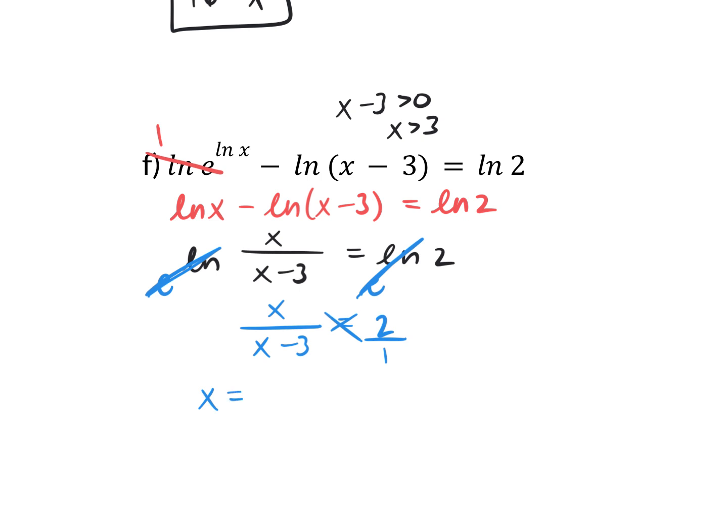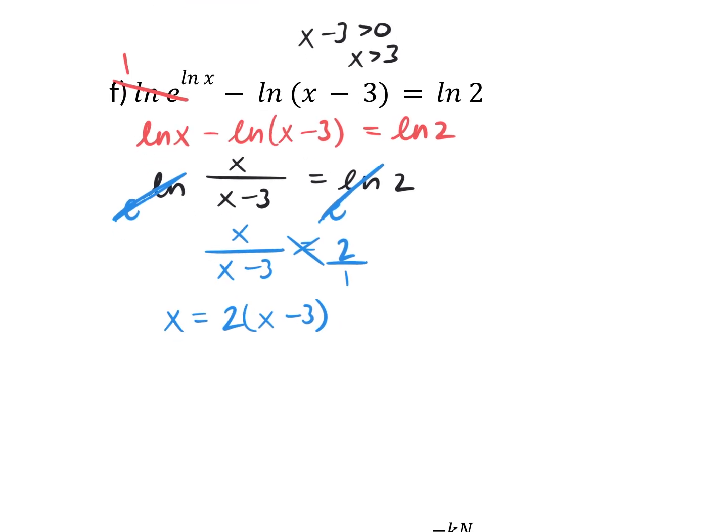I get x equals 2 times the quantity x minus 3. So I get 2x minus 6. So I get x equals positive 6 for my final answer, and that is in fact greater than 3, so we are good to keep that answer.